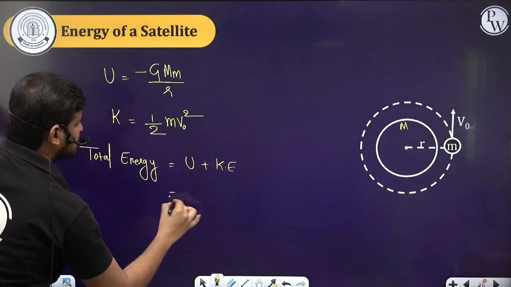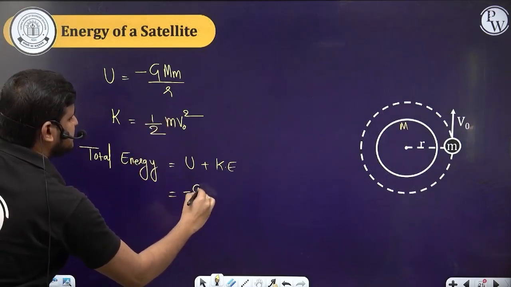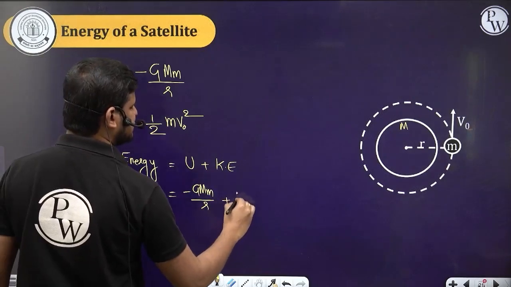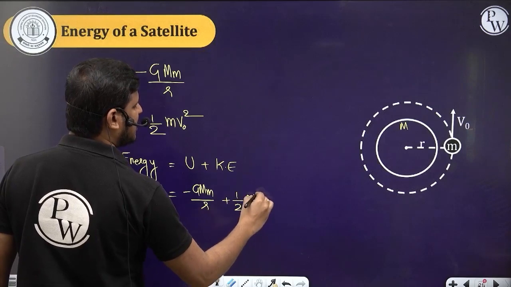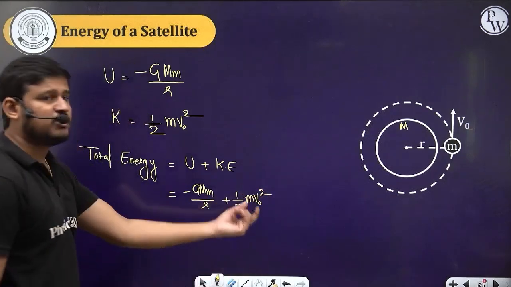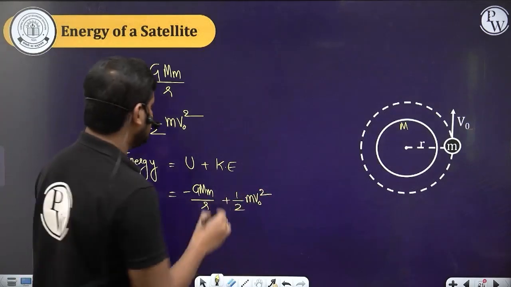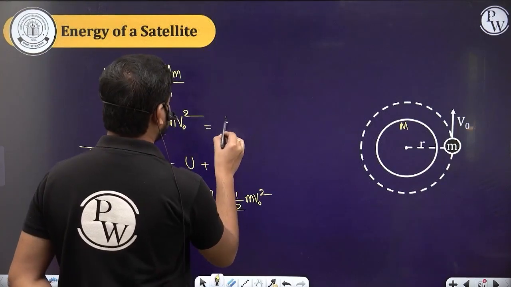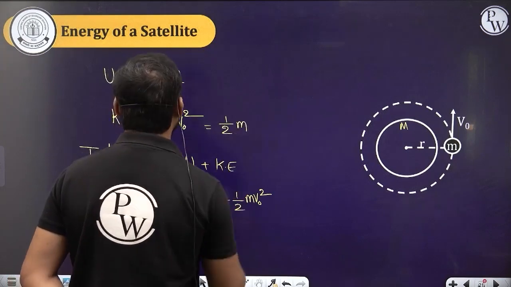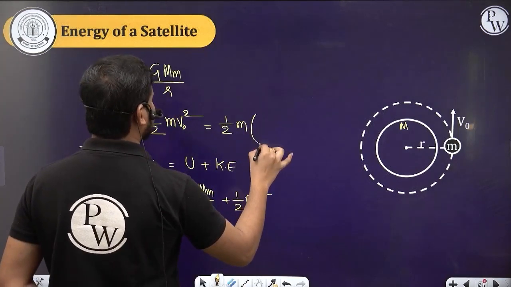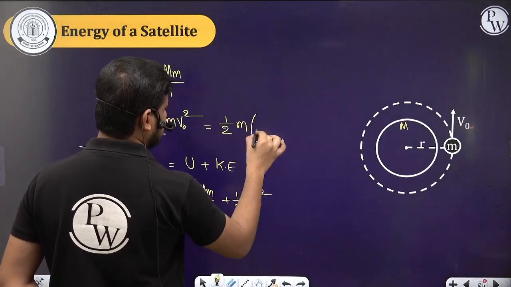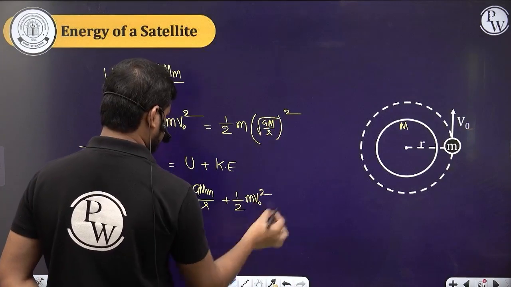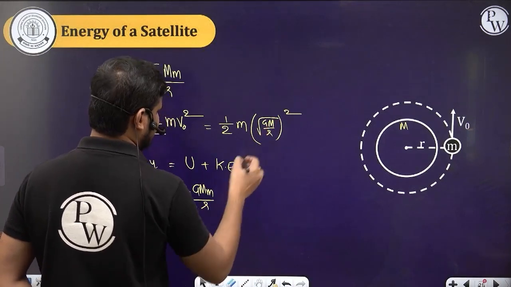The potential energy is minus GMm by R, plus the kinetic energy, half m v0 square. What is this v0? It is the orbital velocity, root over GM by R, whole square. Let's simplify here and then write the final thing.